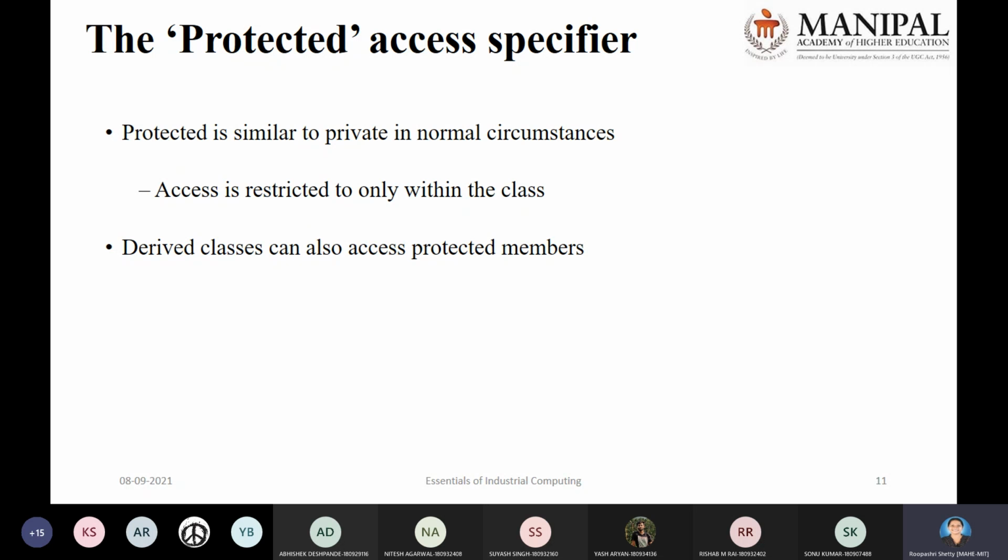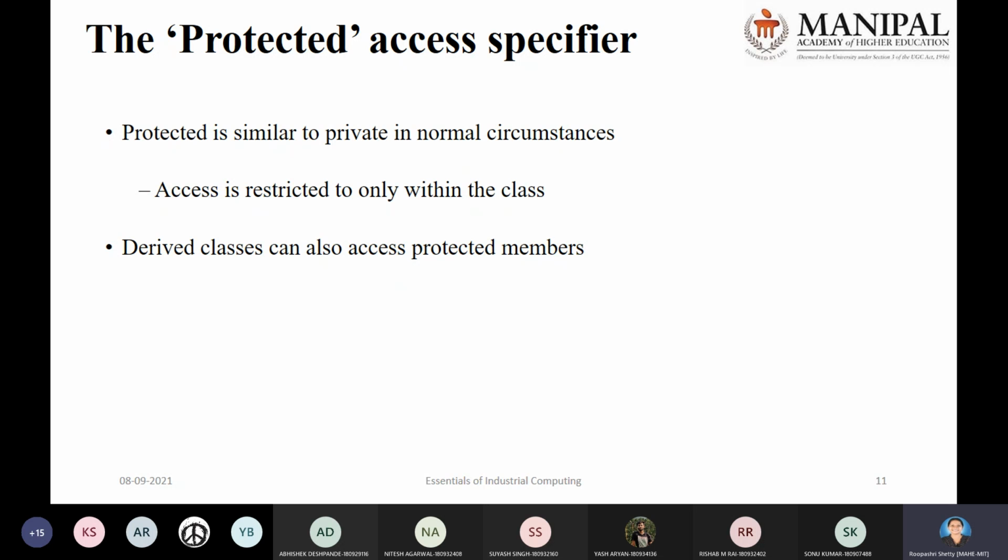Suppose a variable in the loan class has protected access, and there is a housing loan class which derives from the loan class, then that protected variable inside the loan class is accessible to its derived class, that is, the housing loan class.